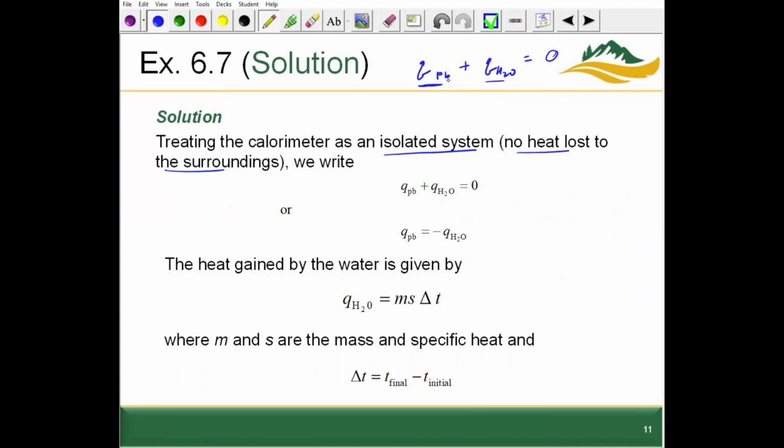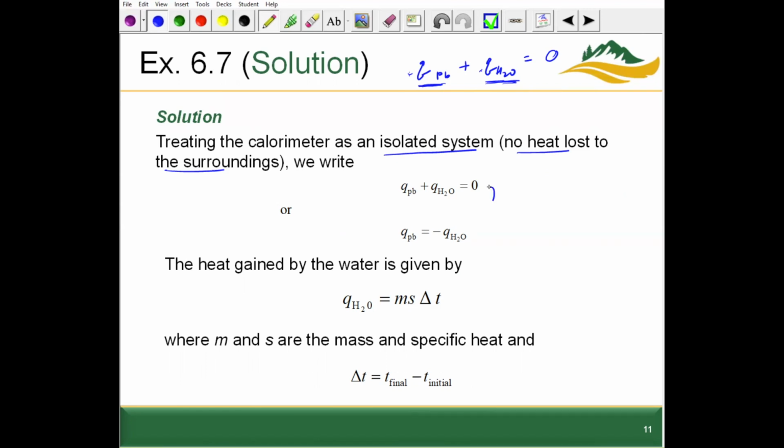If this heat of the lead goes up, the heat of the water has to go down. If the heat of the water goes up, then the heat of the lead has to go down. Energy, including heat, which is a form of energy, cannot be created nor destroyed. So whatever is lost by one object has to be gained by another, and vice versa.